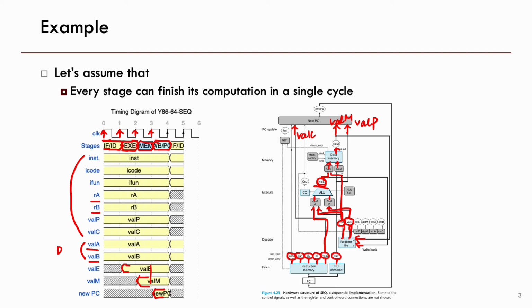So in this assumption and this diagram, one instruction execution takes 1, 2, 3, 4, 5 cycles, and the next instruction execution will start at cycle 4, here.